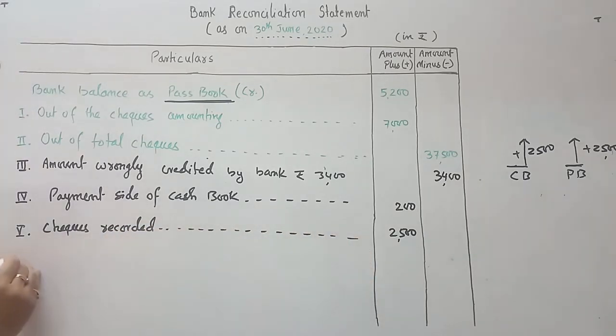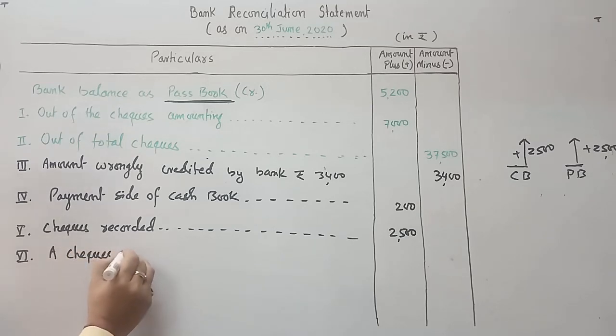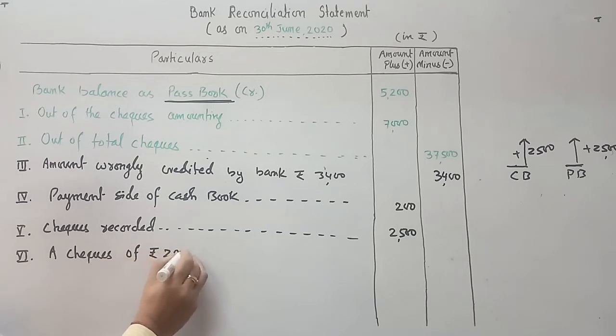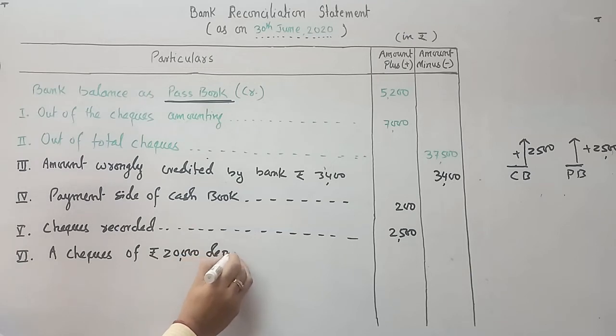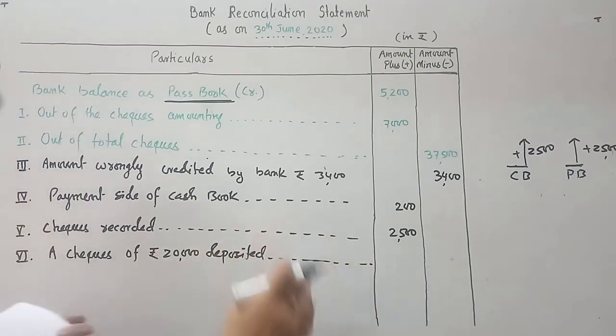Okay, thereafter the next, point 6, is a check amounting to rupees 20,000 deposited. You write all the details, the complete sentence.